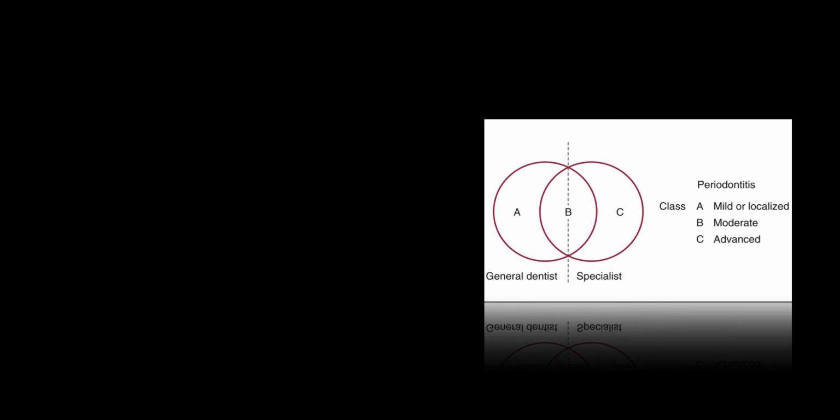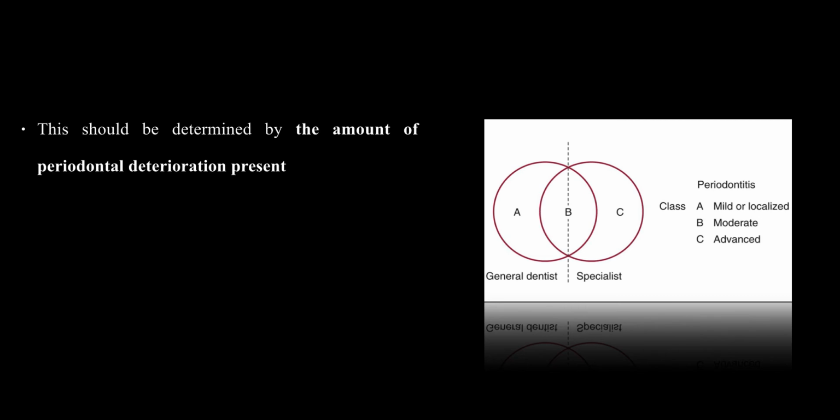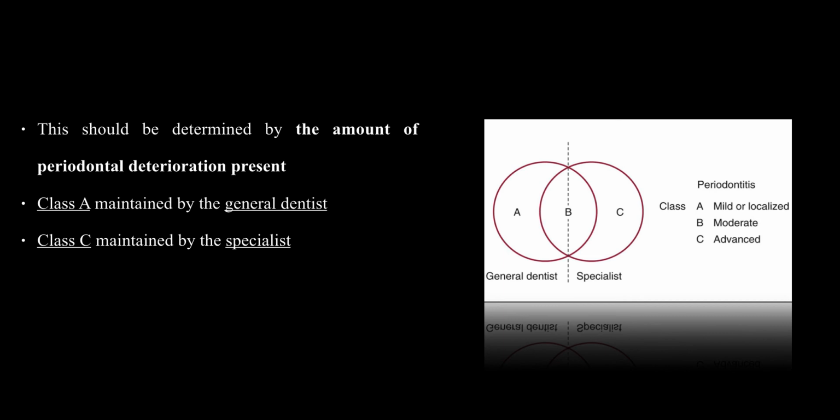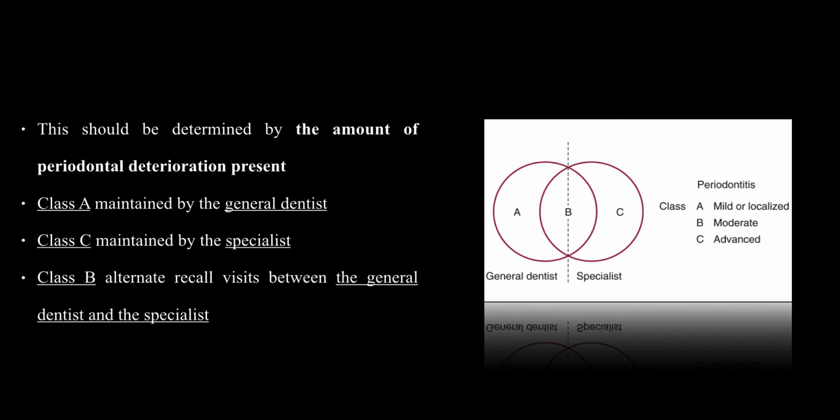In this case, it's advised that class C will be seen by the specialist and the consultant, while with class B, it can actually alternate between the general dentist and the specialist.